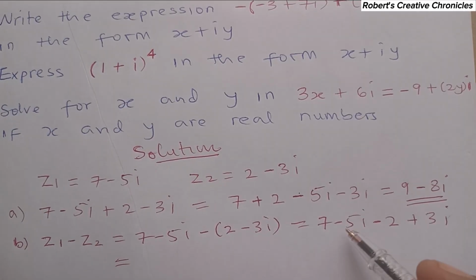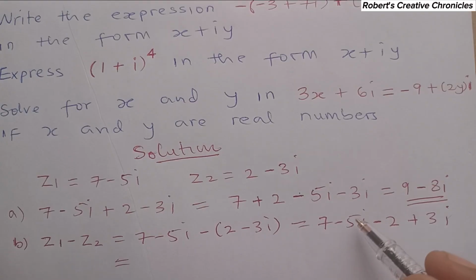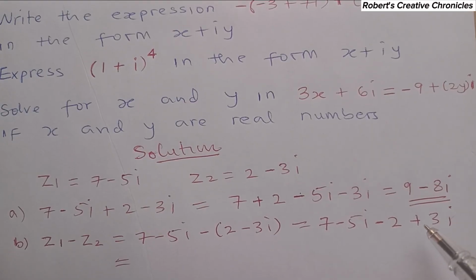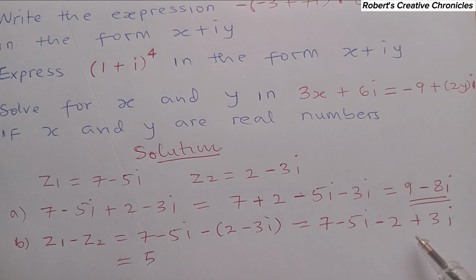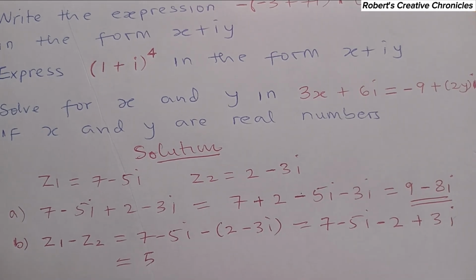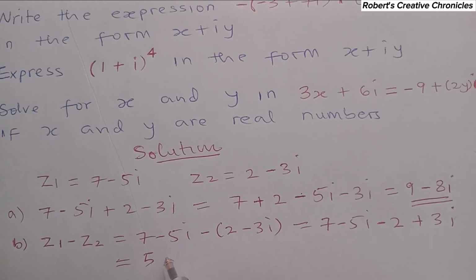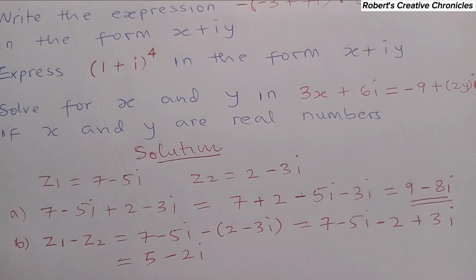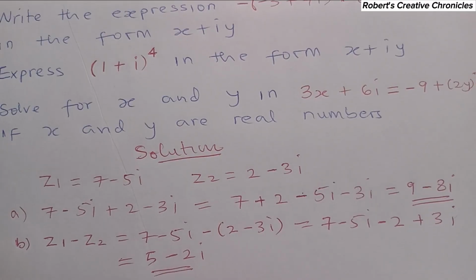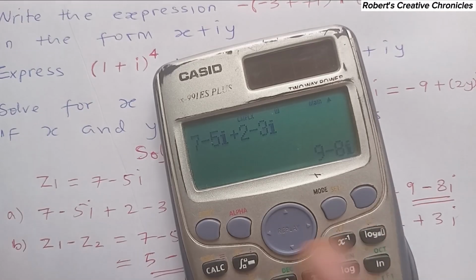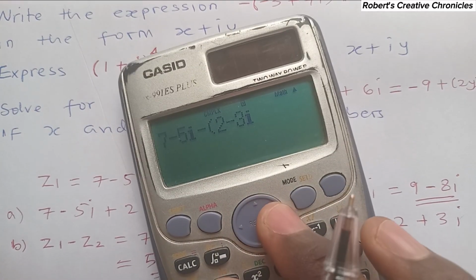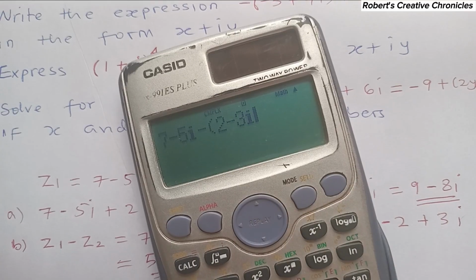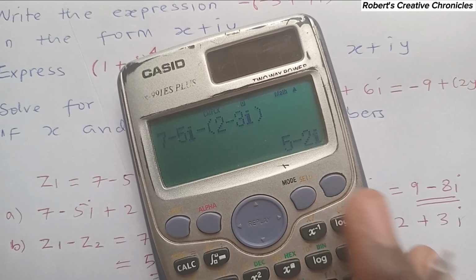So now we'll put the two real components together and we'll put the two imaginary components together. Then 7 minus 2 is 5. Then minus 5 plus 3, that is 3 minus 5, which is minus 2, so it's minus 2i. You can also cross-check it using your calculator. So it's 5 minus 2i, you see.